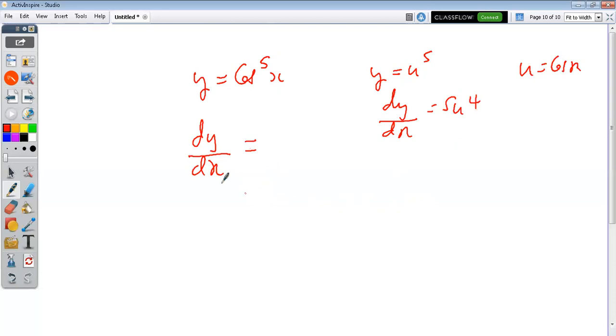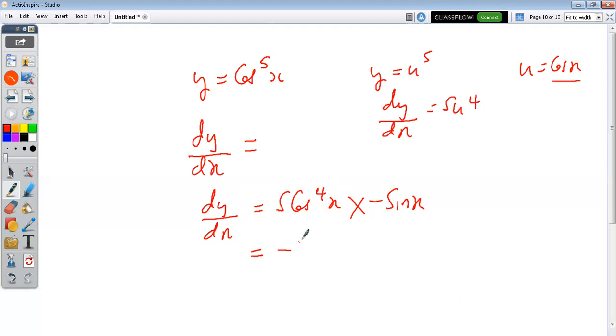So dy over dx is equal to 5 cos, now we reduce the power here, to 4x, multiplied by the differential of cos x. There in the booklet it is negative sine. So that becomes minus 5 cos to the power of 4x sin x. Making sense?